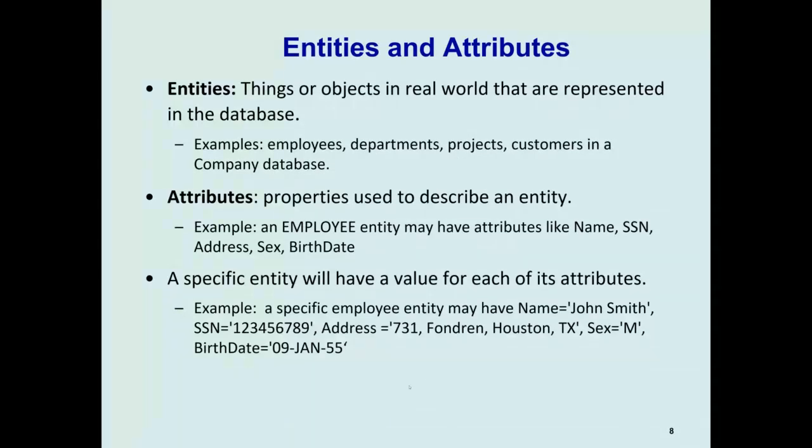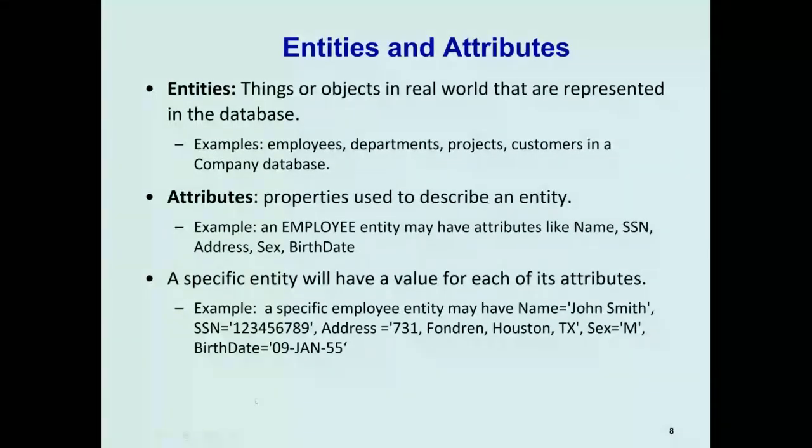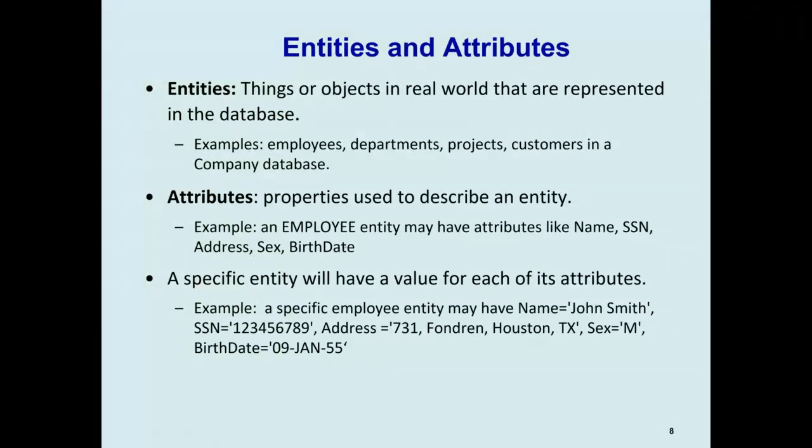For example, for the employee, we may want to record the employee's name, SSN, address, sex, and birth date. What attributes are used to describe an entity is solely based on the application requirements.